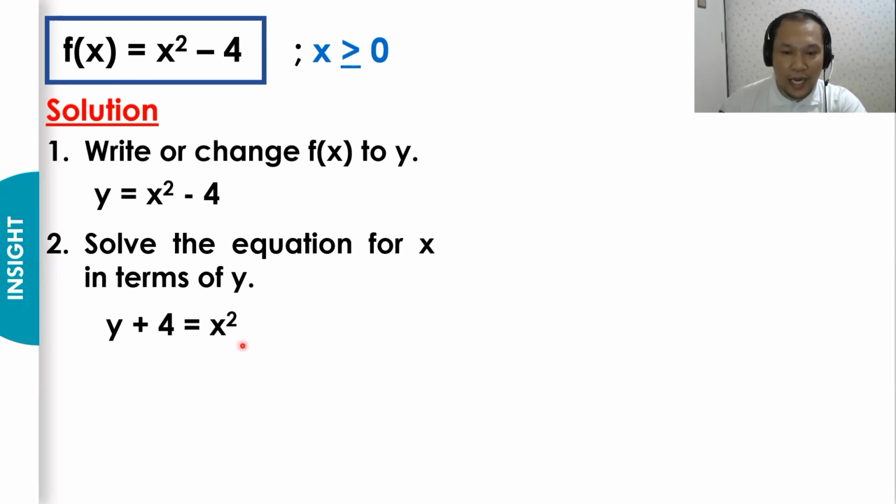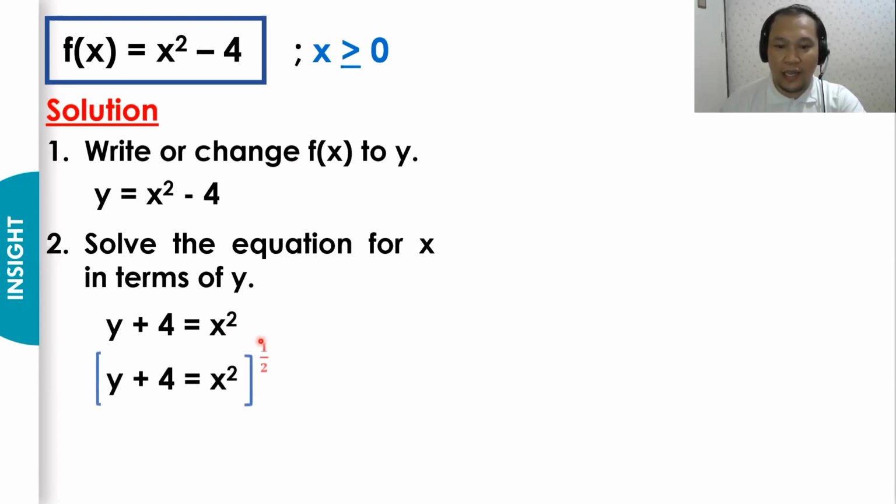Now remember class, the exponent of our x is 2. Therefore, we are going to get the reciprocal of 2 so that our exponent, after we multiply by the inverse of 2, the result will become 1 for x. Therefore, multiply both sides by 1/2.